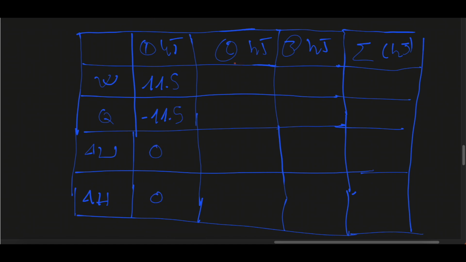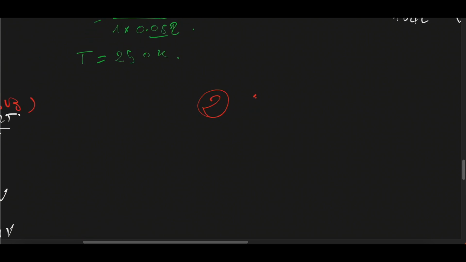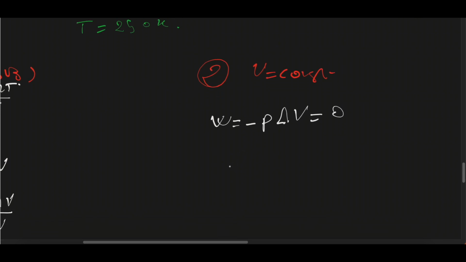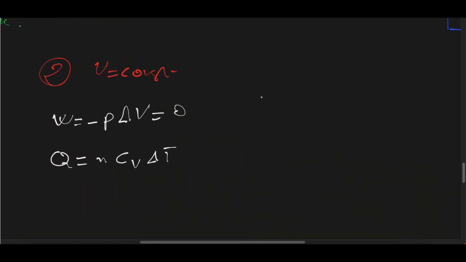Now let's move on to the second process, when the change is isochoric. We have a volume that is constant. When the volume doesn't change, it means that the work, which depends on the change in volume, is equal to 0. And the heat of the change is equal to n C sub V delta T. But we must calculate C sub V, the molar heat capacity.